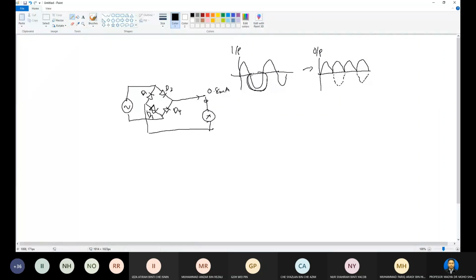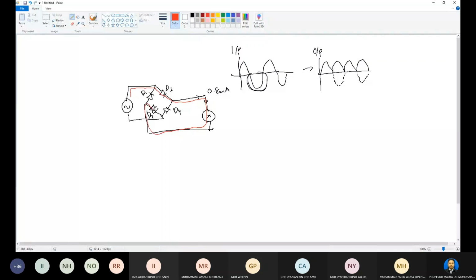If you see the flow of the direction, I change the color here, right? The flow will be like this, allowing the positive. Actually this is the original flow of the current. This is what we call the positive cycle.